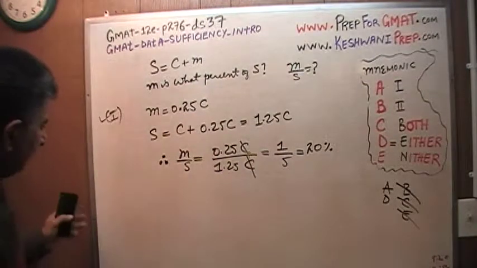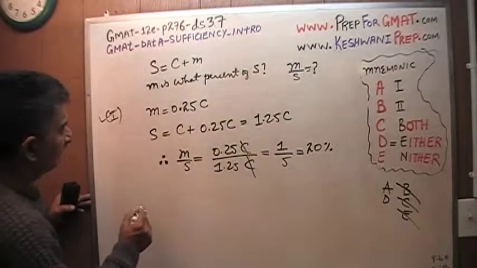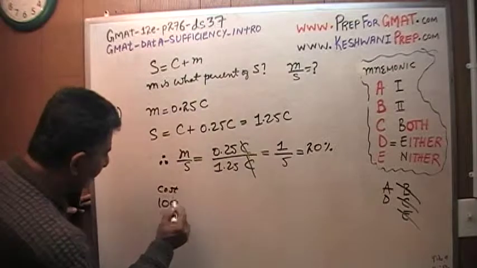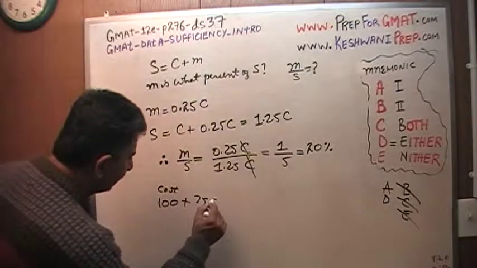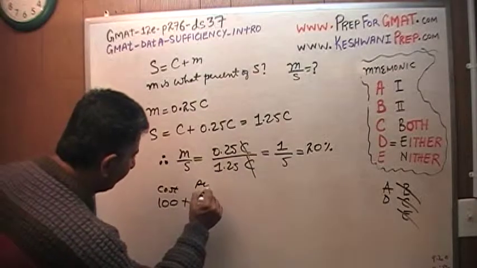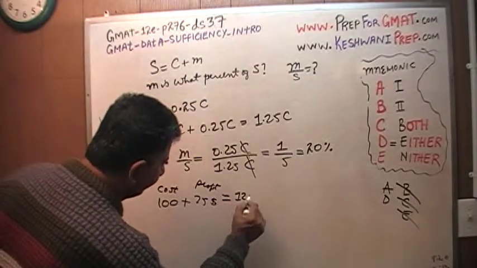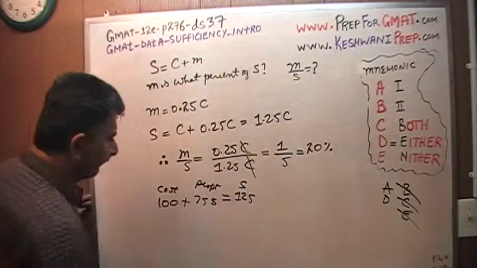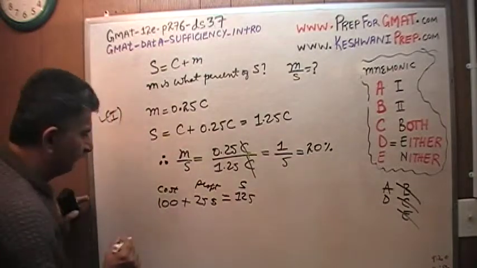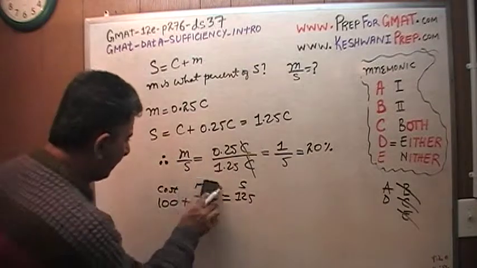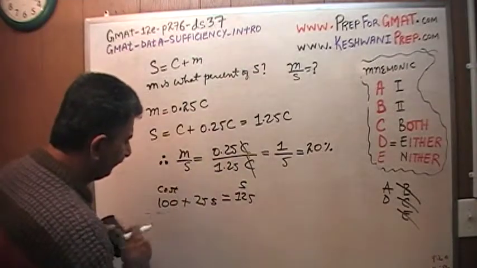Let's take something very simple. Let's say the cost of something is $100, and we are adding $25 to it, which is our profit here, and we are selling it for $125. This is the selling price. You see here the profit, I should call it markup actually, it makes it easier.